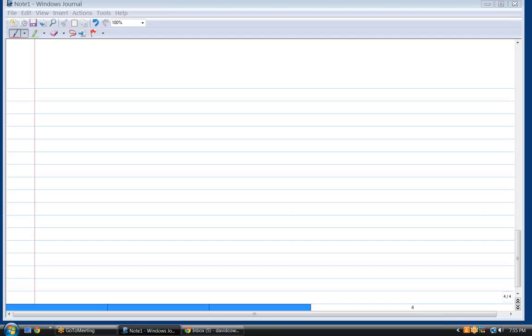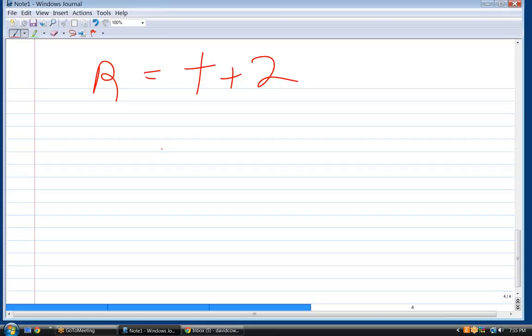And it says R equals T comma T plus 2. Like that?